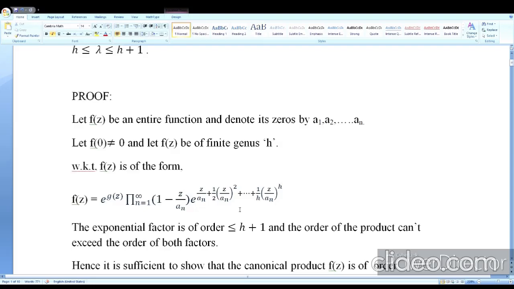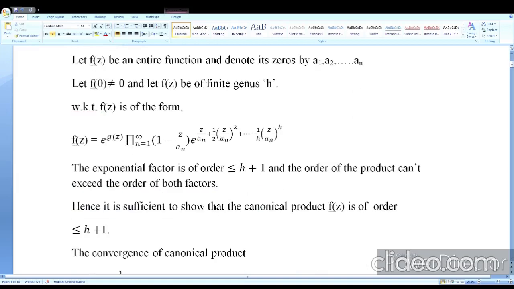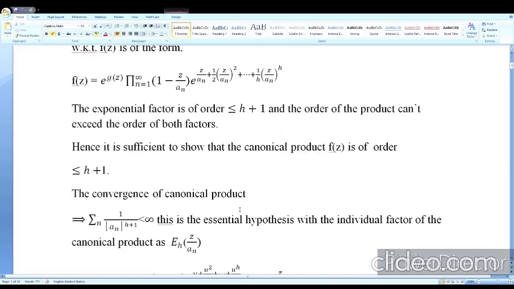Hence, it is sufficient to show that the canonical product f(z) is of order less than or equal to h + 1. The convergence of canonical product implies the summation of 1 by modulus of an power h + 1 is less than infinity. It is by the definition of genus.